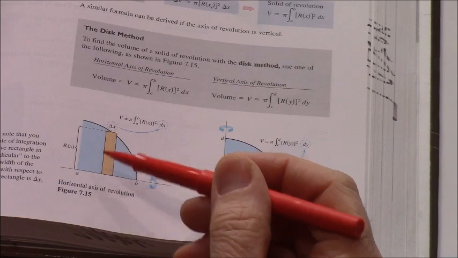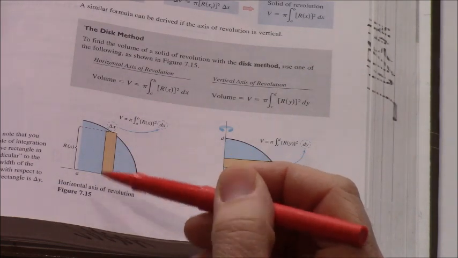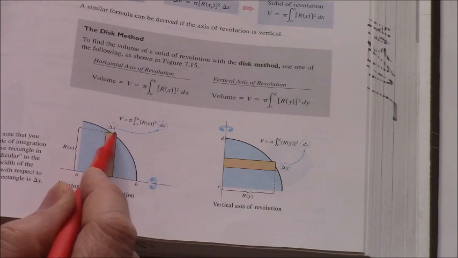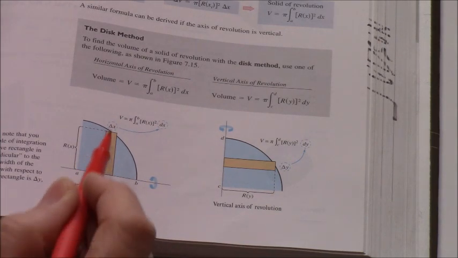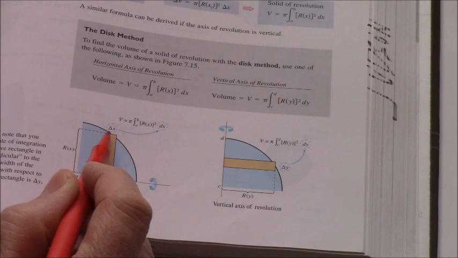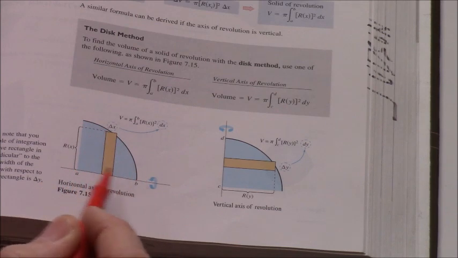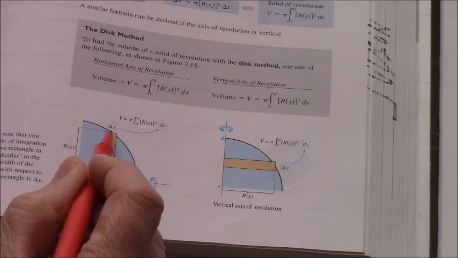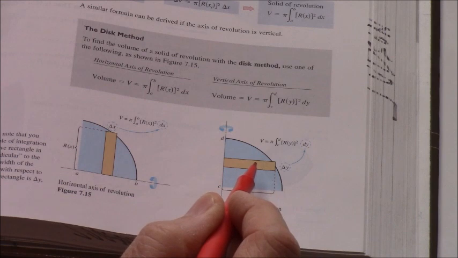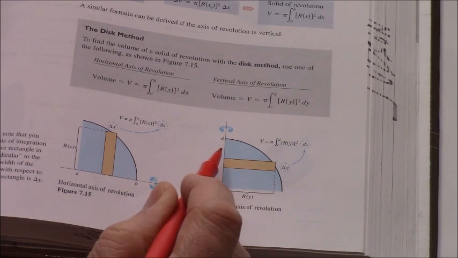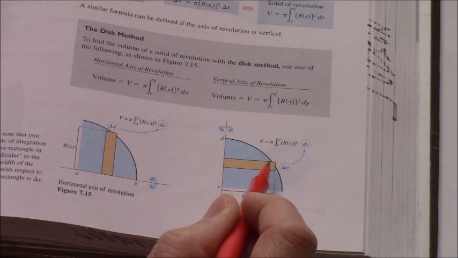When we wrap around a horizontal line, then our radius runs this way, and so the thickness of that disk, that runs in the x direction, the same as the x-axis. We're going to call that a dx. So disks that are perpendicular to the x-axis are going to have dx's with them. Again, picture this being wrapped around a disk that's perpendicular to the y-axis. We're going to have to call that thickness dy.